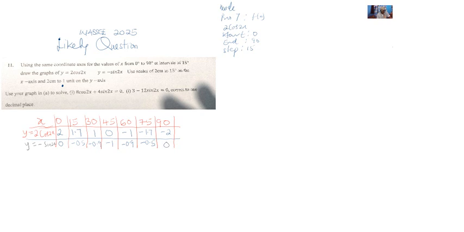When you are done with this, you are supposed to plot it on your graph. To do that, you need to look for a graph. So let's say this is my graph. Let me extend my graph here.